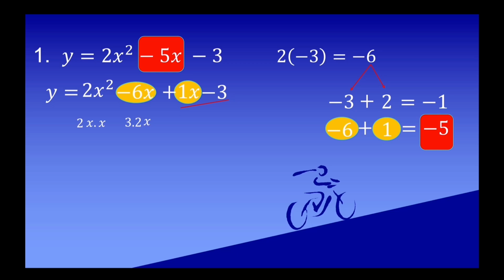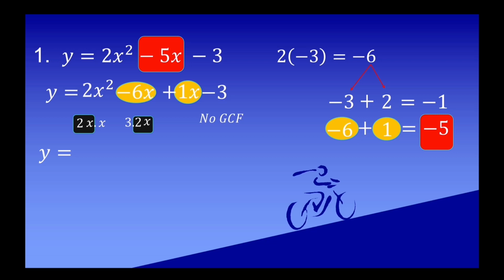For the last two terms, we don't have a greatest common factor. So our GCF of the first two terms is 2x, having the same constant and variable, that's 2x.